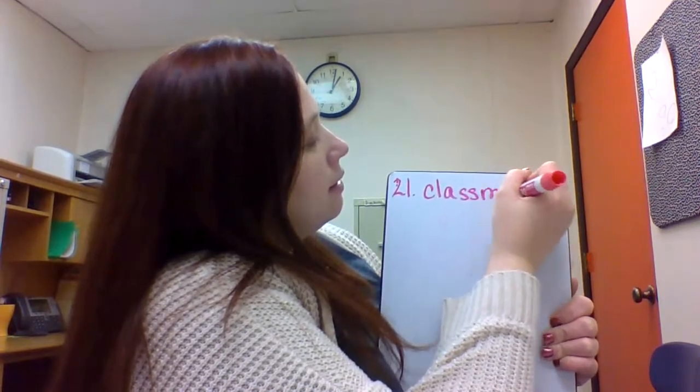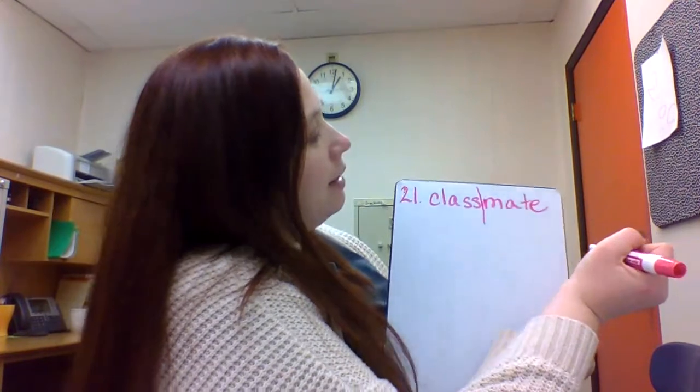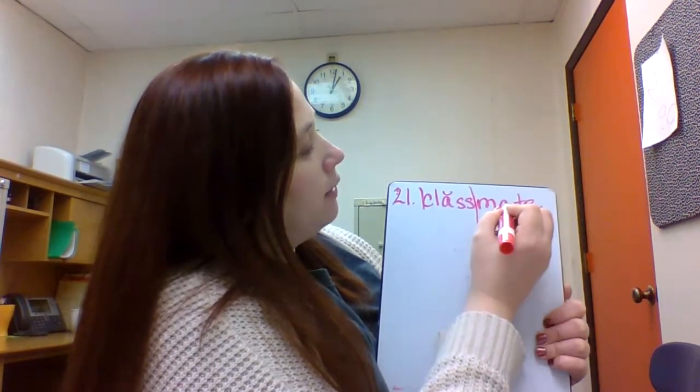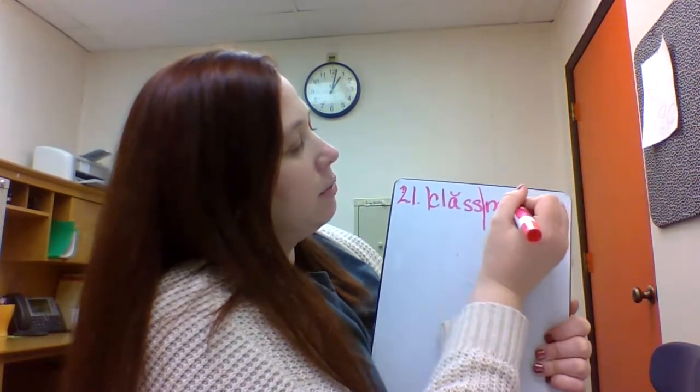Alrighty, our next group of words, number 21 is classmate. This is a compound word, so we'll just draw a line between class and mate. Here we have a K back on our C. We have vowel consonant. Our A gets a brev. Here is vowel consonant E. So our E is sneaky, gets marked off, and our A gets a macron.